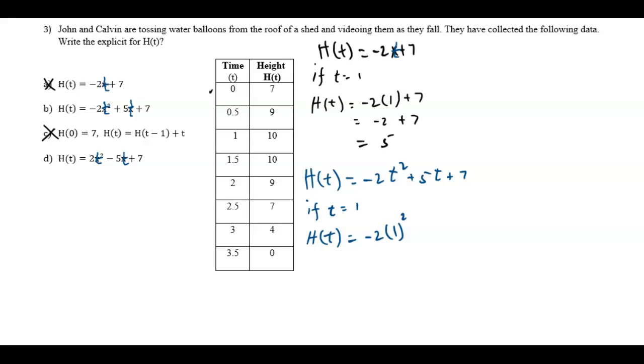Plus 5 times 1 plus 7. 1 squared is 1. Negative 2 times 1 is negative 2, plus 5 plus 7. Negative 2 plus 5 is 3, plus 7 is equal to 10. So is that true here? All right, so that seems to be true.